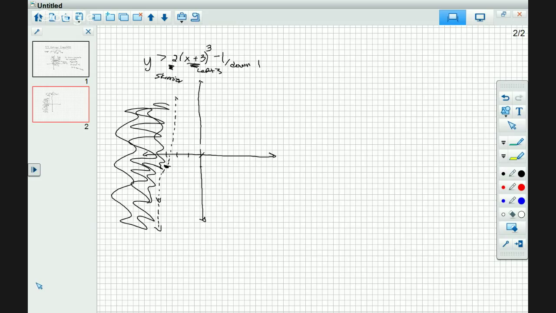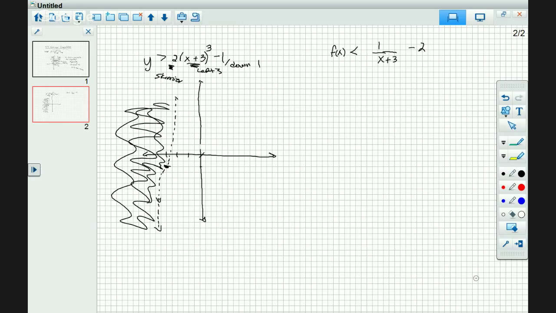Okay, we'll try it. You want me to shift it, or just do the parent function? Okay, fancy here. Okay, how many left? 3. Okay, we're gonna go plus 3, and then minus 2.